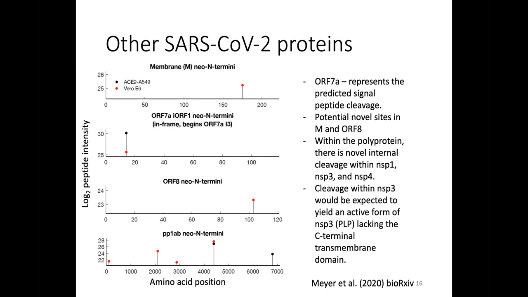Cleavage within NSP3, for example, would be expected to yield a still active form of the papain-like protease, but it would lack the C-terminal transmembrane domain. So this could be a way to regulate both membrane-based and non-membrane-based cleavage activity of this protease.